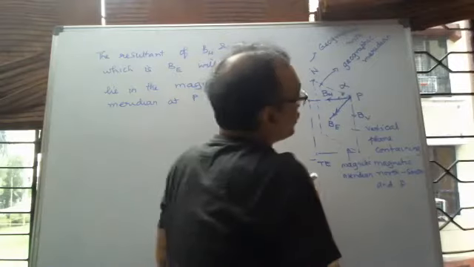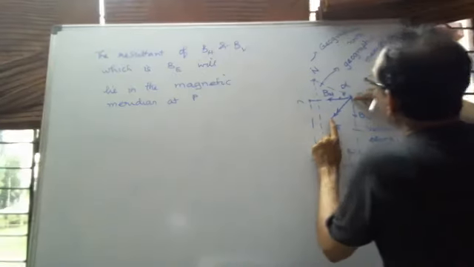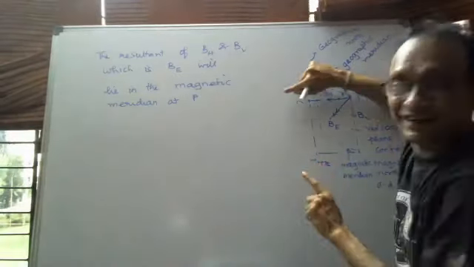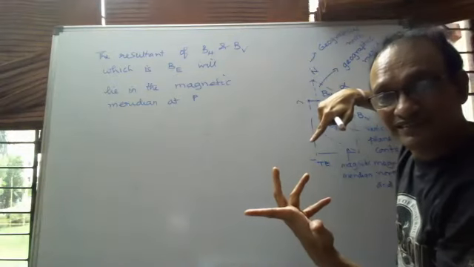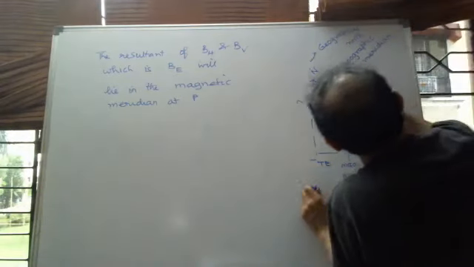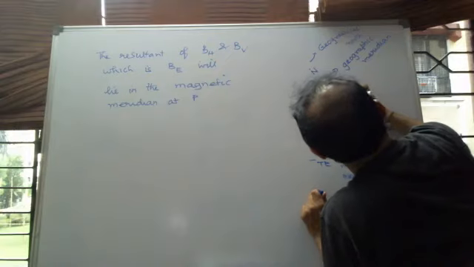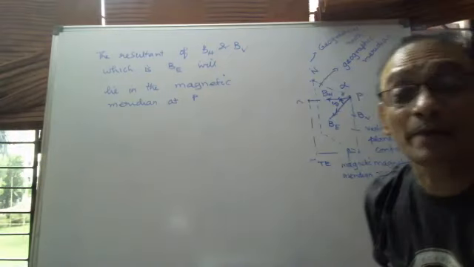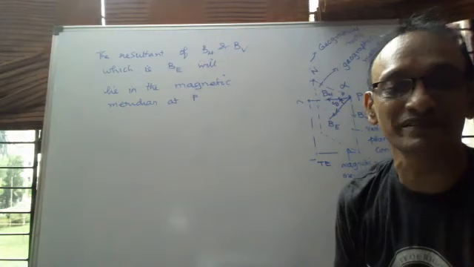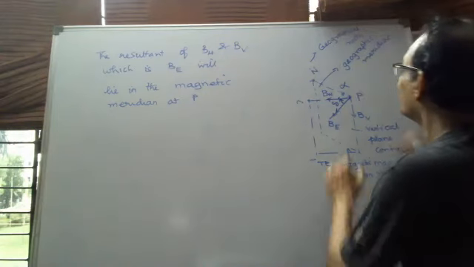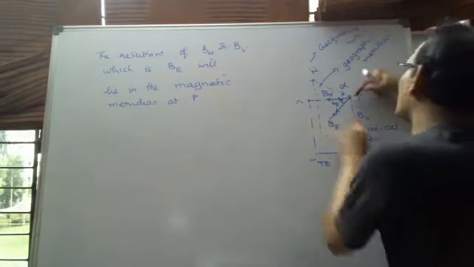So here, do you realize the angle that BE makes with the horizontal will be the angle of dip? Yes, sir. So in this figure the angle of dip is this much. Where will you see the angle of dip? You will see the angle of dip in the magnetic meridian. So what will BH be? BE cos delta. What will BV be?